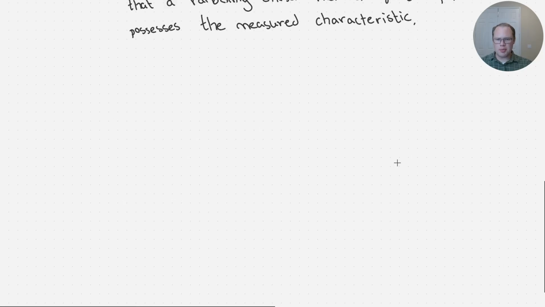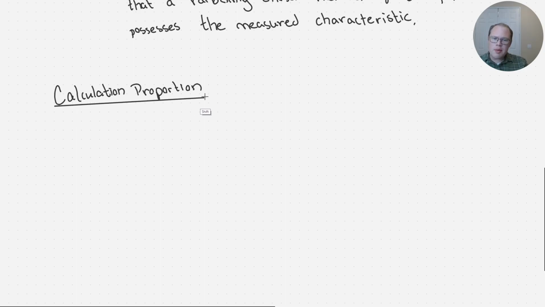So how do we actually calculate proportion? For a population, the symbol we use to represent proportion is a lowercase p. And we calculate proportion by counting the members of the population that possess the characteristic divided by the total number of members in the population. So here, p is the population proportion.